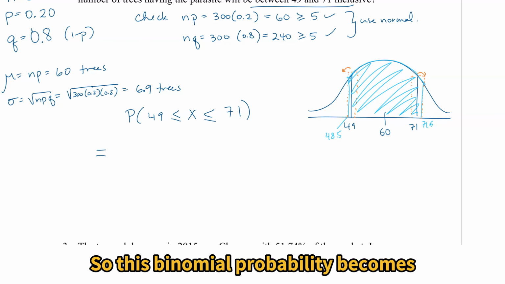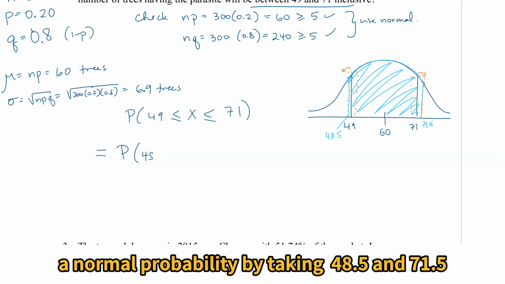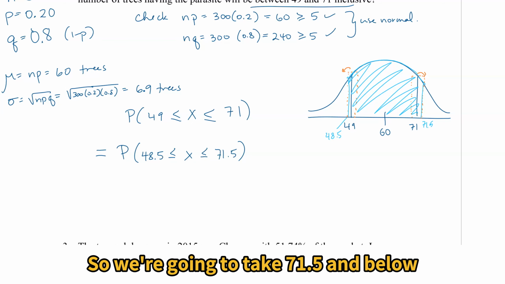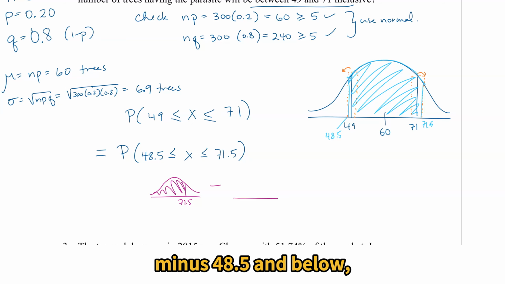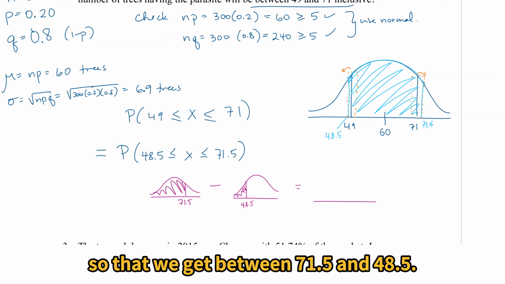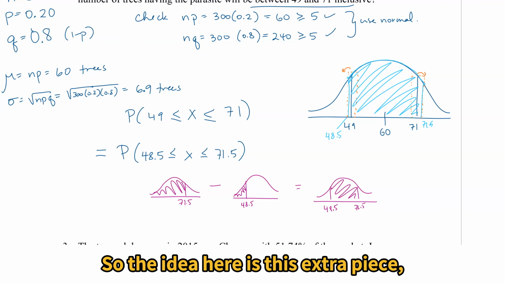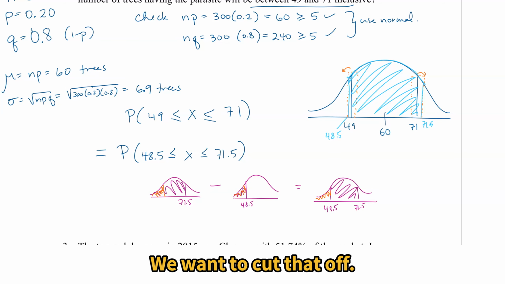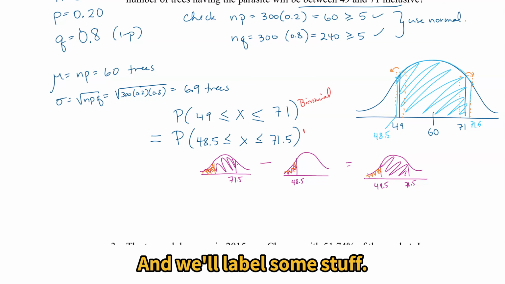So this binomial probability becomes a normal probability by taking 48.5 and 71.5. So we're going to take 71.5 and below minus 48.5 and below so that we get between 71.5 and 48.5. So the idea here is this extra piece, we want to cut that off. And we'll label some stuff.